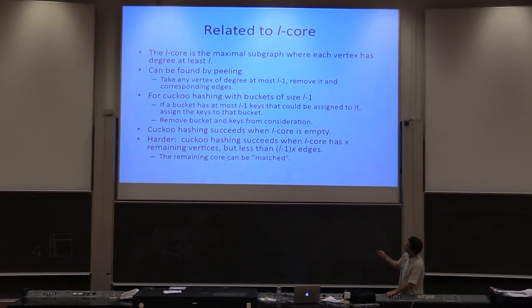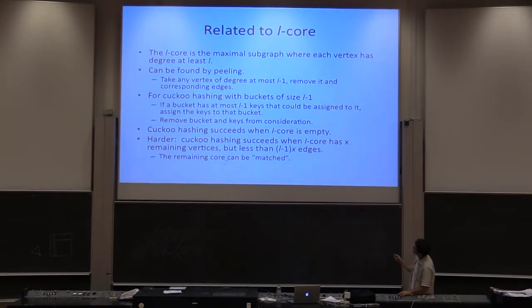It turns out it doesn't matter what order you peel things in. This maximal subgraph is unique, and you can do an inductive proof to show that no matter what order you peel it in, you end up with the right maximal subgraph.